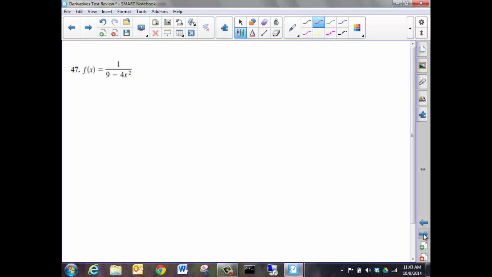How do you do this now? Quotient or chain, depending on what you want to do. I can do quotient: low D high. I could do quotient rule here, or I could do chain rule. Low D high minus high D low. I could do that, or I could move this up and make it 9 minus 4x squared to the negative 1.